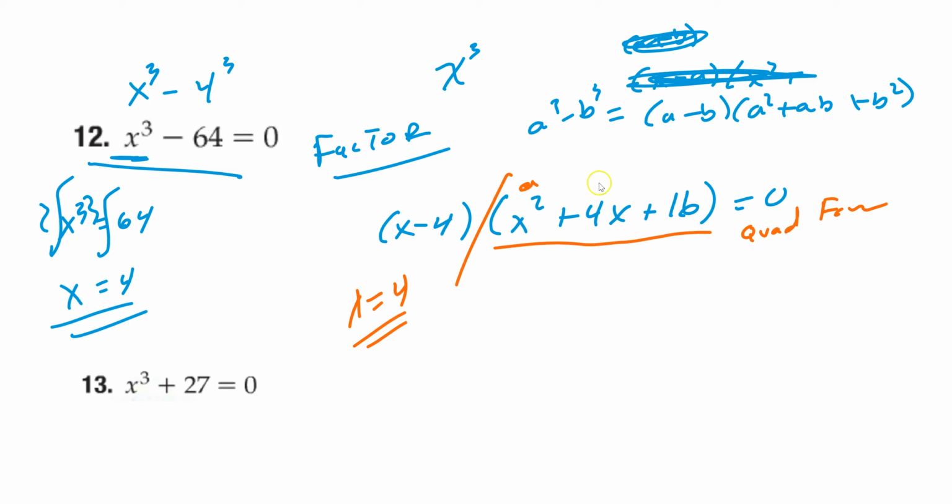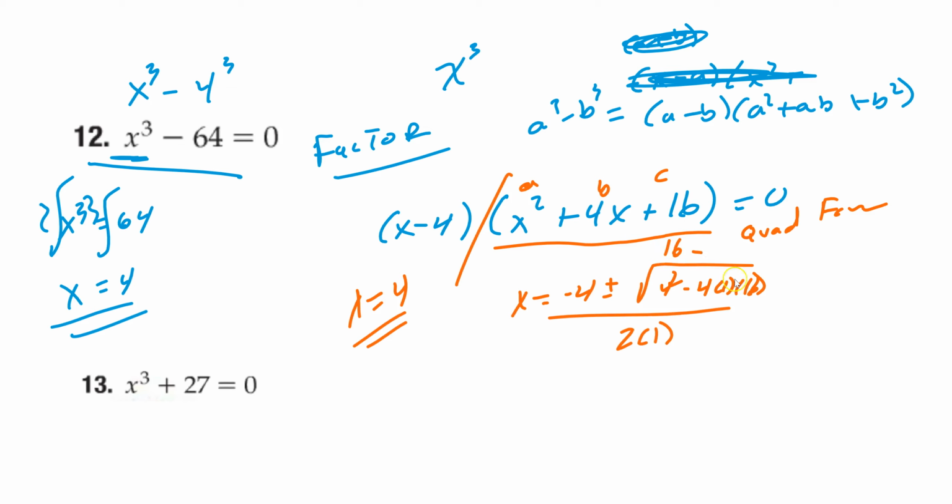So it'll be a, b, c. X equals negative b plus or minus the square root of b squared minus 4ac, all over 2 times a. So 16 minus 64. So I get negative 4 plus or minus the square root of negative 48, all over 2.